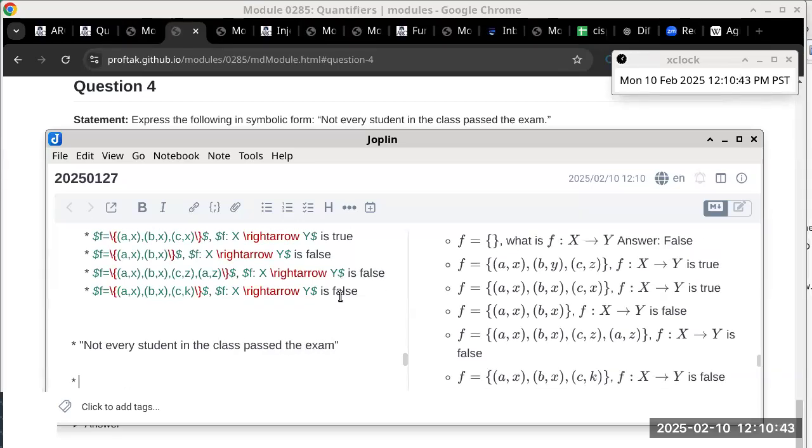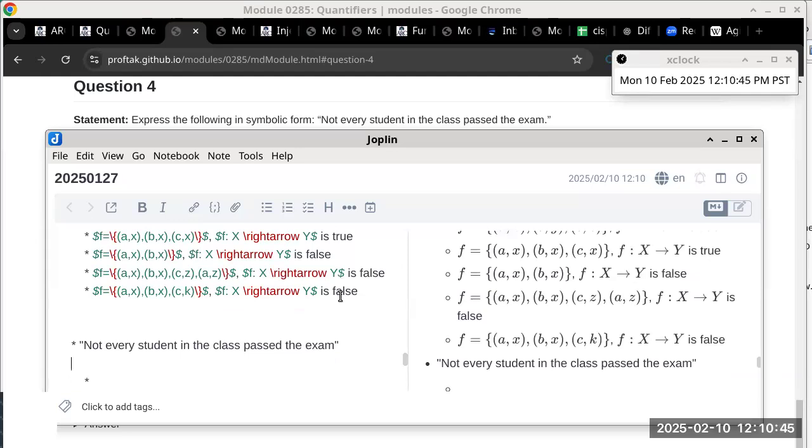Okay, so a few symbolic things that we have to deal with first. We'll say let P of X be the predicate that returns true if and only if X passed the exam.